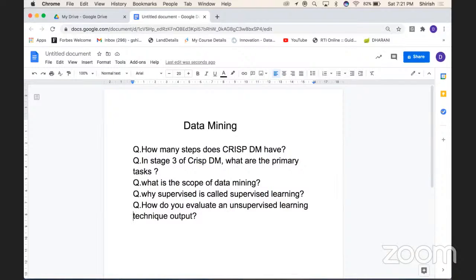Whenever you say unsupervised, definitely you don't know what Y is. You can take one example and also give an explanation for that.